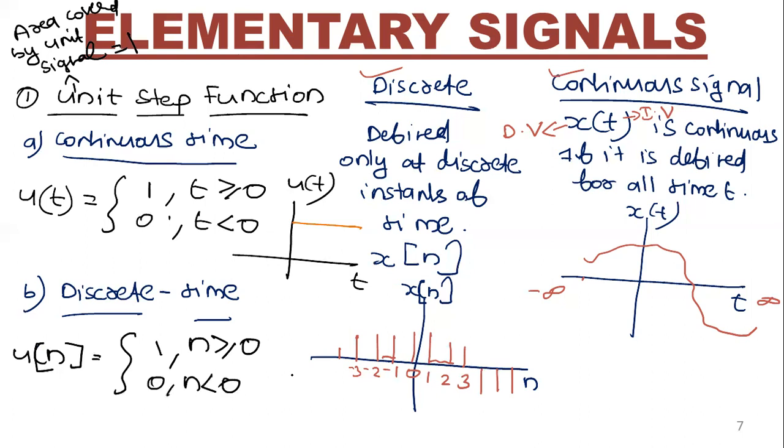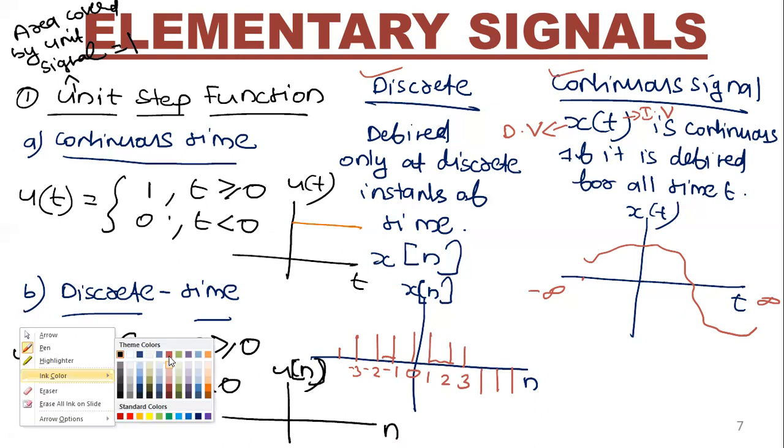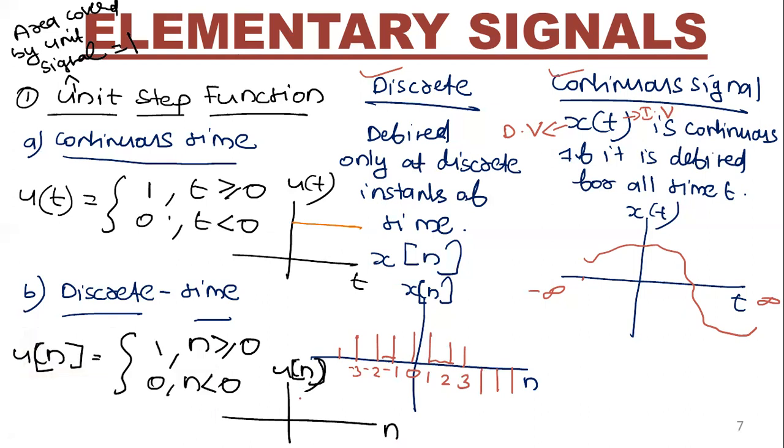And how will you represent that? Very easy. We need to represent it only in discrete form: u of n, square bracket, and it will be discrete values 0, 1, 2, 3, 4, like that.